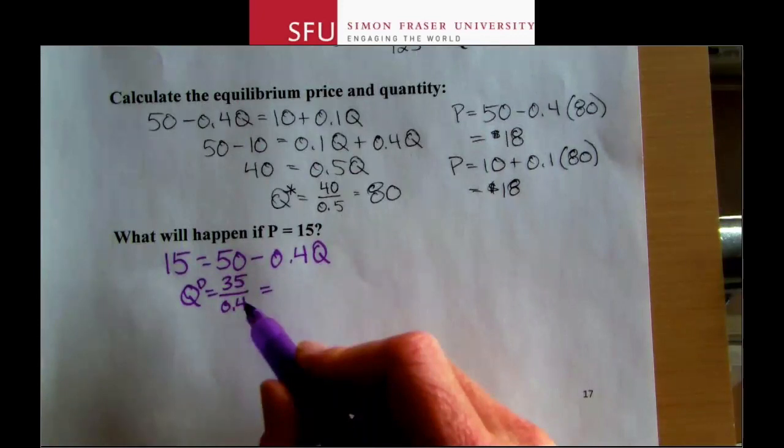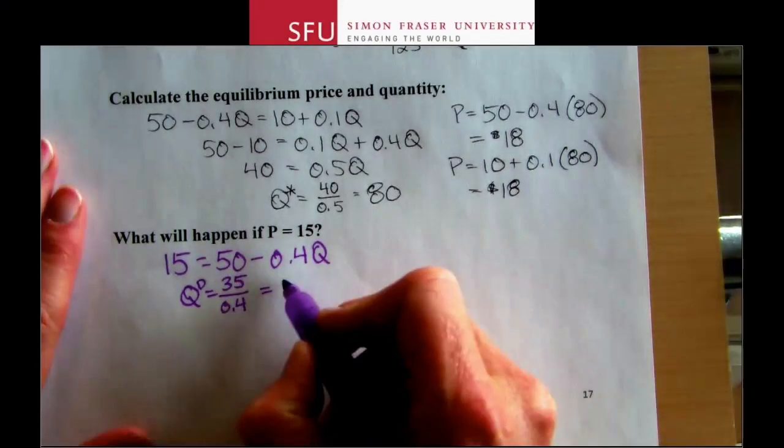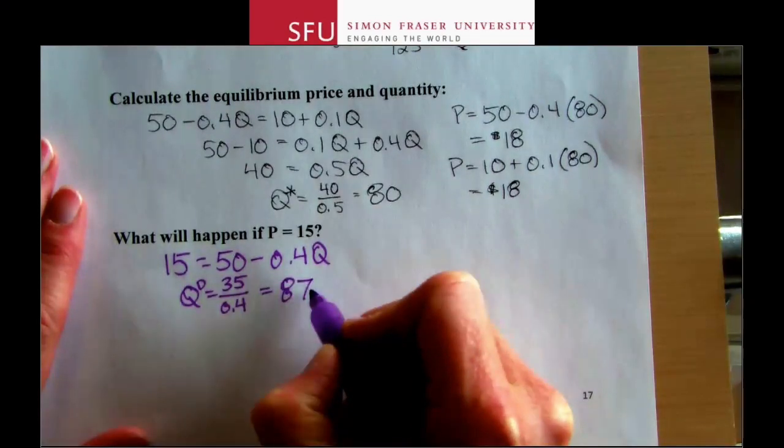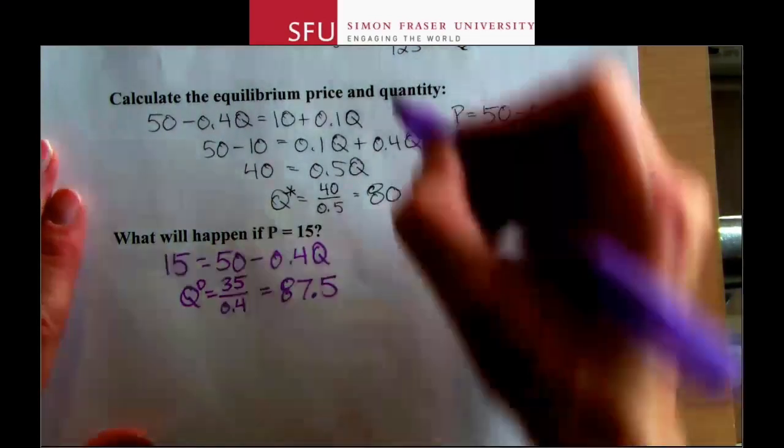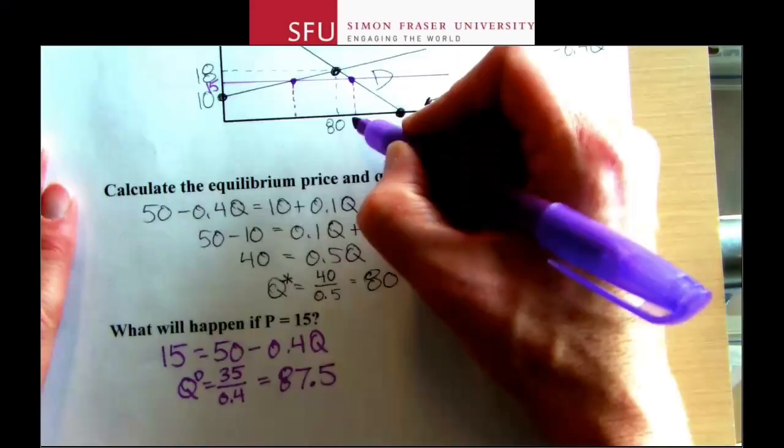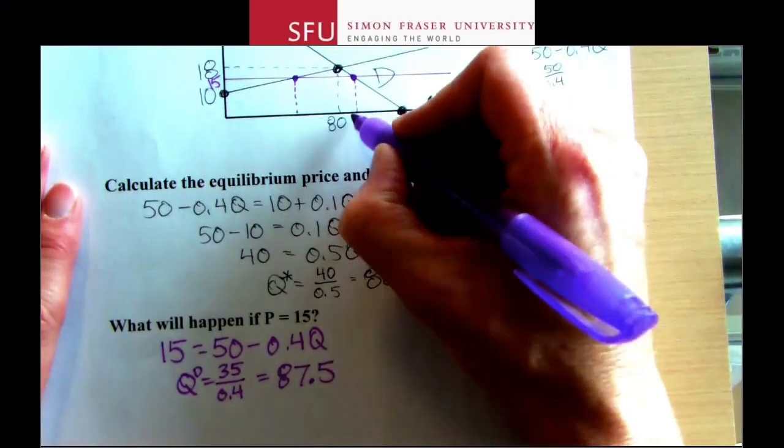So 35 over 0.4, 87.5. And I'm going to add that to our diagram, 87.5.